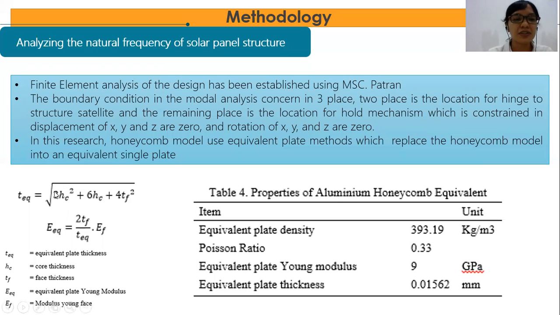The method uses this equation. This is the equivalent plate thickness, core thickness, face thickness, equivalent plate Young's modulus, and Young's modulus of the face. So this is the value from this equation, and this value will be input to PATRAN for the honeycomb model to analyze it.